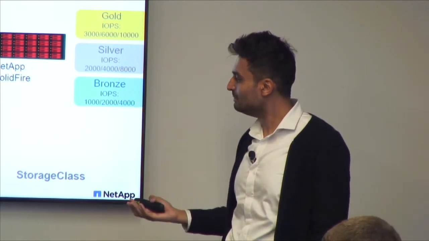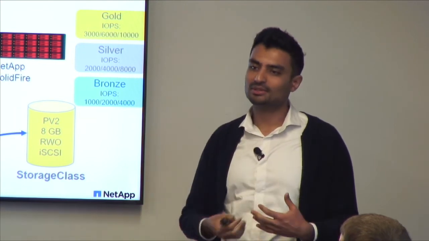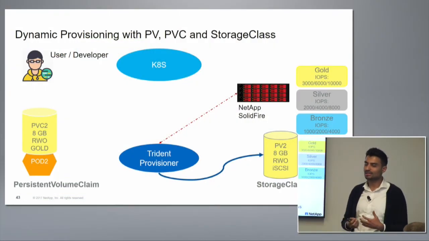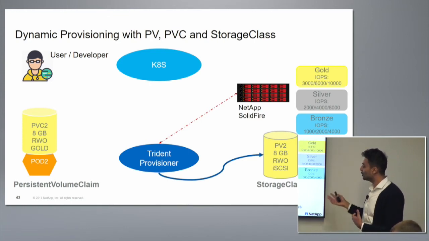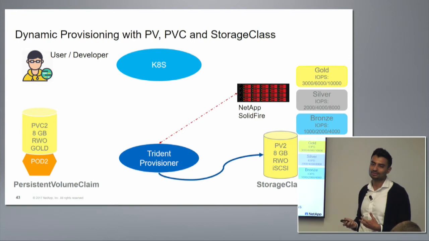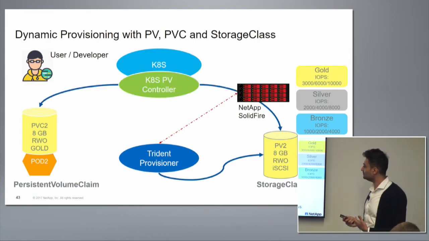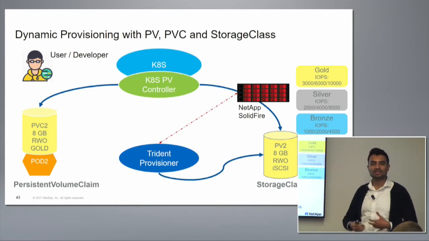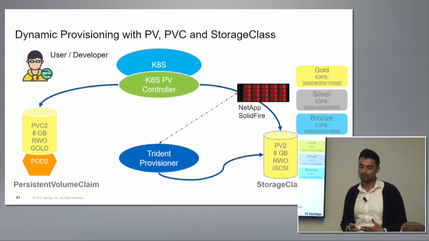He creates a claim, and Trident is monitoring these claims and checking if there is something a developer needs, and it creates a volume on demand, so to say. So this is more self-service oriented. And once it is provisioned, the PV controller comes into the picture again and does the mapping for the user. So this is how dynamic provisioning works in Kubernetes.